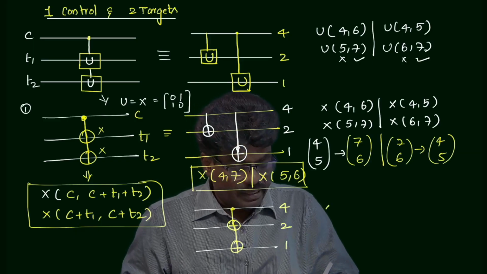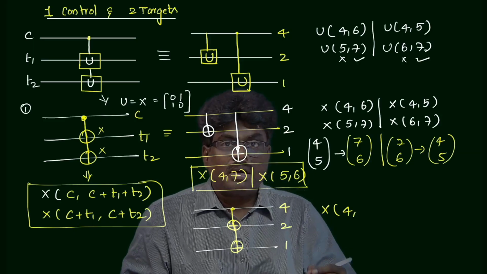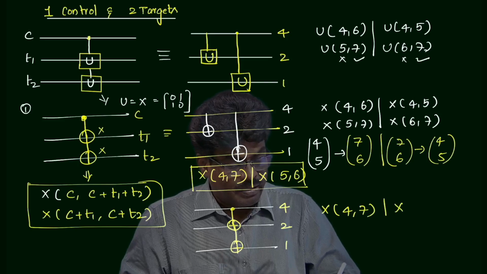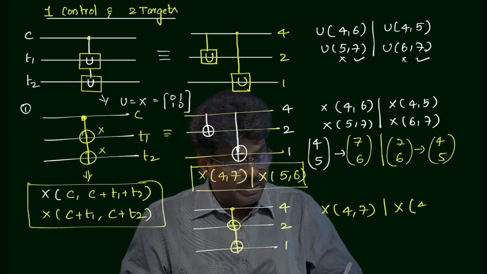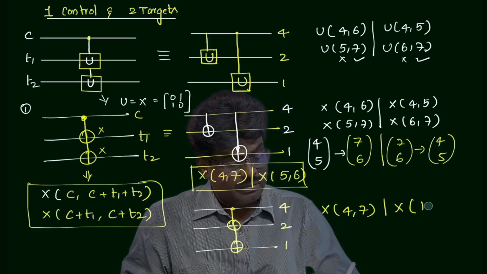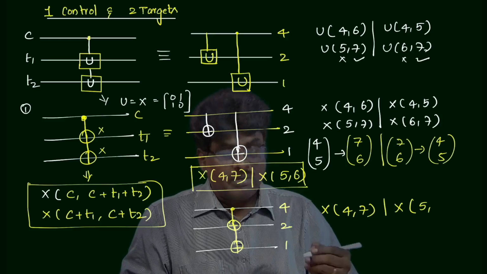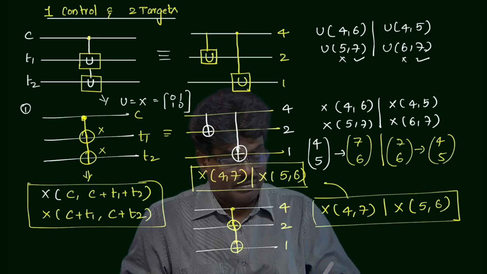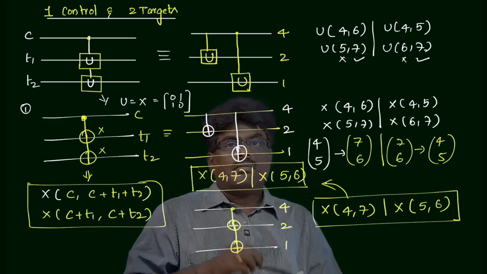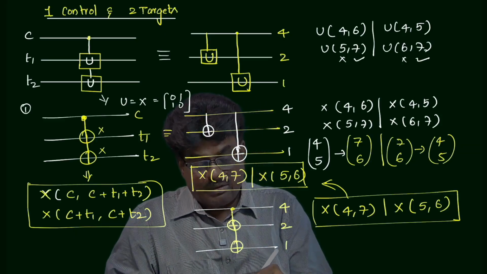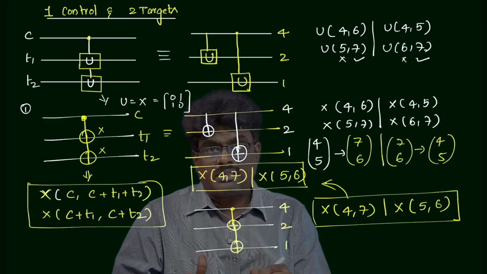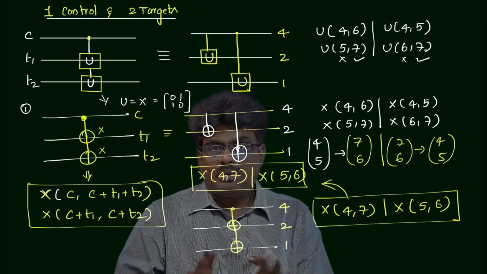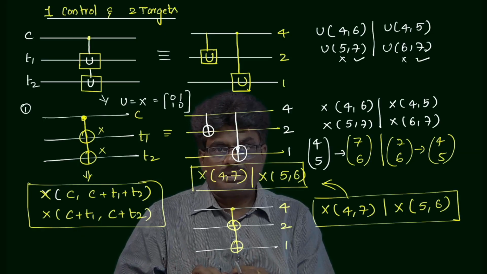Directly we can write x of 4 comma 4 plus 2 plus 1, that is 7, and x of 4 plus 1, 5, comma 4 plus 2, that is 6. This is what I am saying. Same answer. But please apply this technique only when you have two same x gates there. If the u is S or T gates, don't apply this.